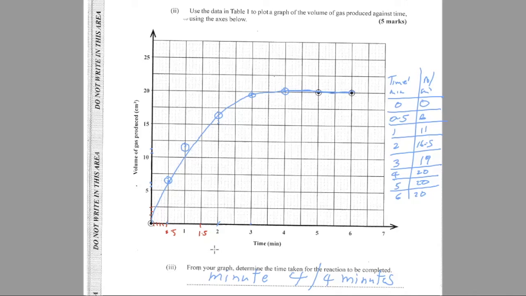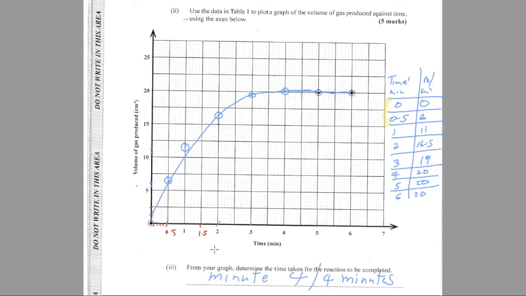Looking at the table here, the time interval would be from 0 to half of a minute, 0 to 0.5. That's the time interval that would have given the fastest rate. Let's just highlight that. So the fastest rate would have been from 0 to 0.5.